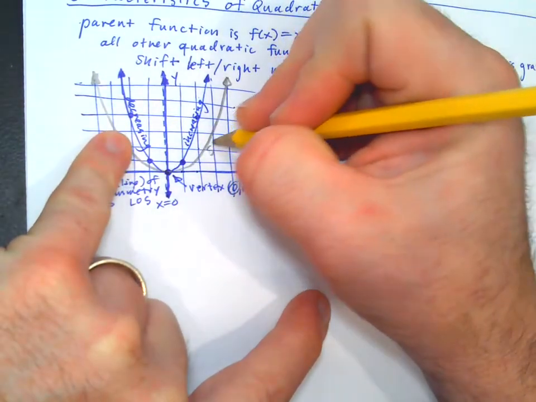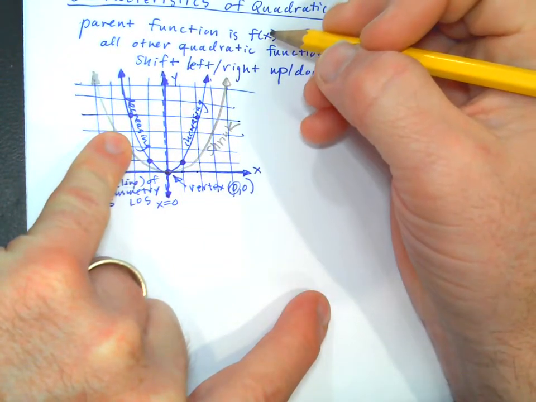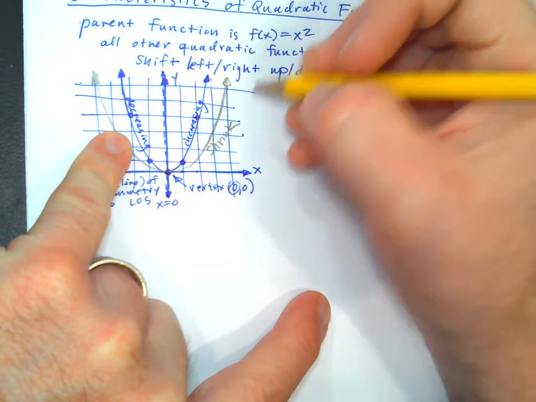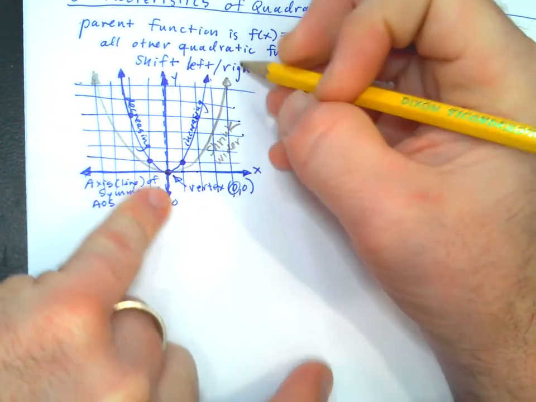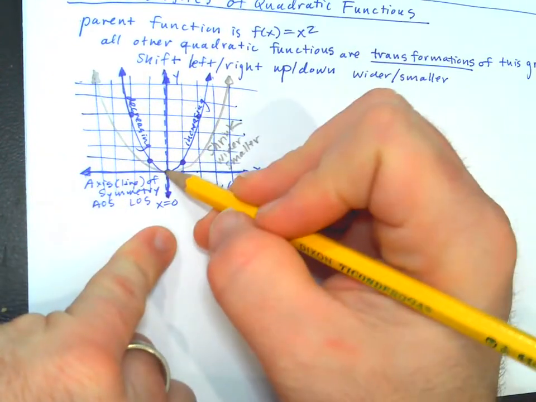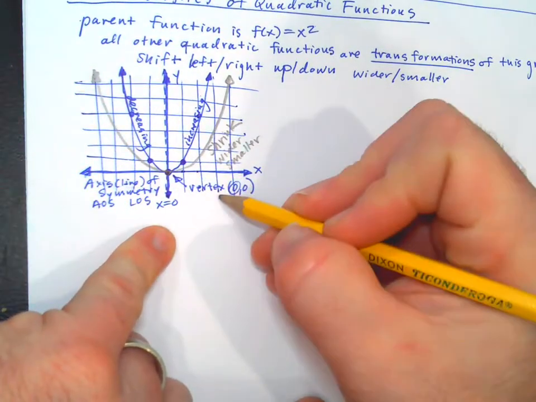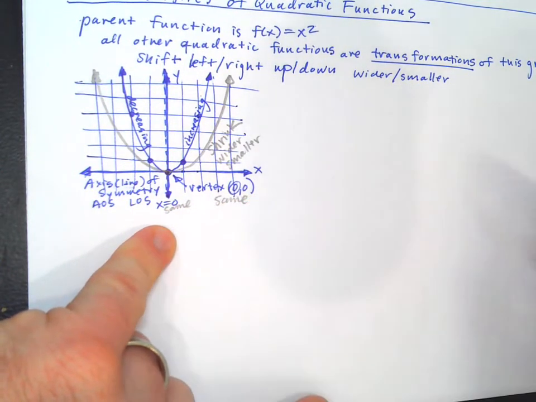We say we shrunk the graph, or you might say it's wider or smaller. It still goes through (0, 0), so that's the same. It still has the same axis of symmetry, so that doesn't change.